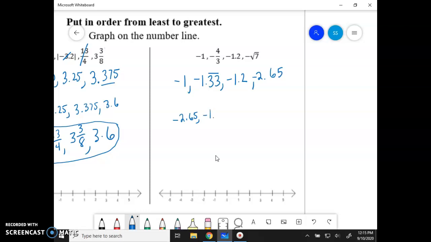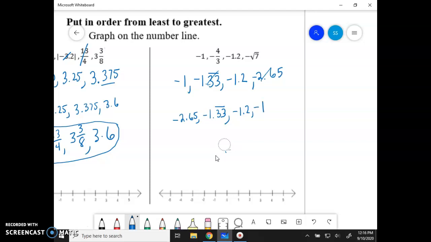So negative 1.33 is smaller than negative 1.2 and negative 1. Now we've just got these two left. What is smaller, negative 1.2 or negative 1? Negative 1.2 is smaller because it's further left on the number line. And negative 1 is going to be the largest, or the greatest.